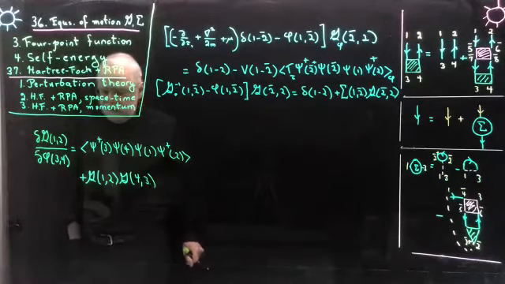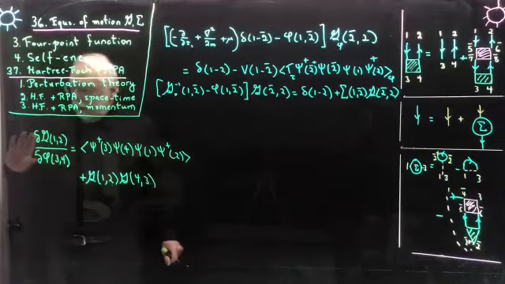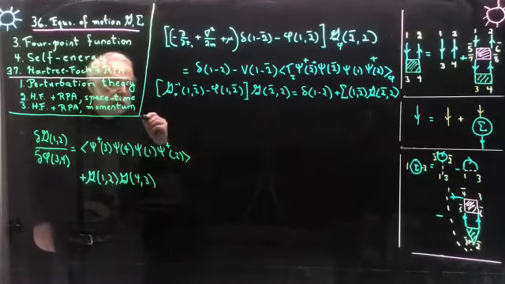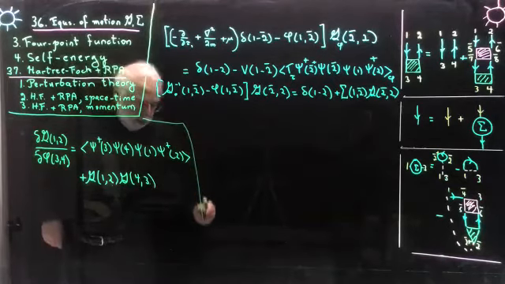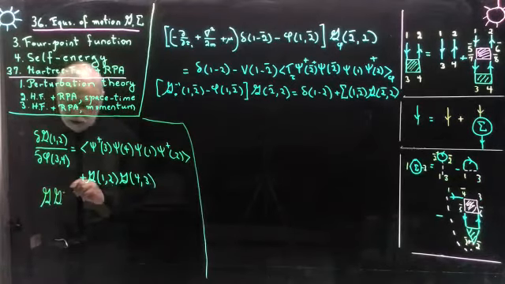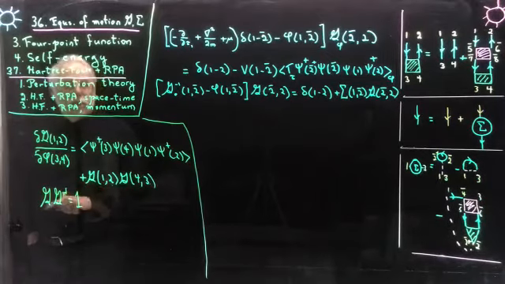So how can we get a closed equation for this object? Well, it's very simple. We just use the fact that G times G minus 1 is equal to 1. And you have to think of this as matrix multiplication, remember?